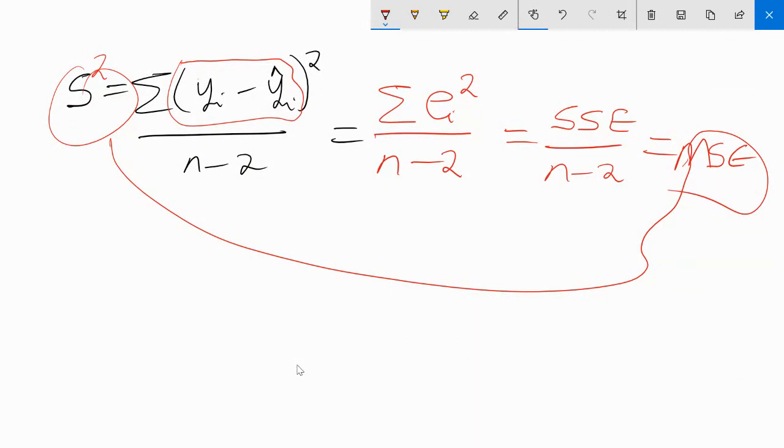And then another thing that we can get from this is that we have our SSE, which is equal to the sum of yi minus yi hat squared.